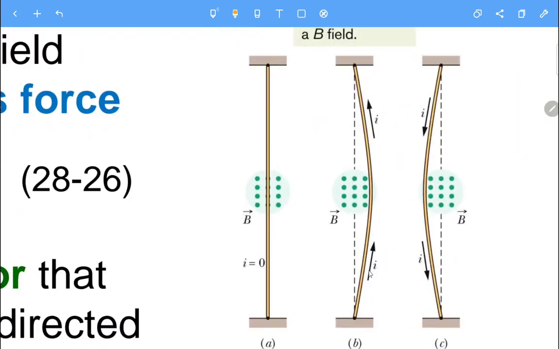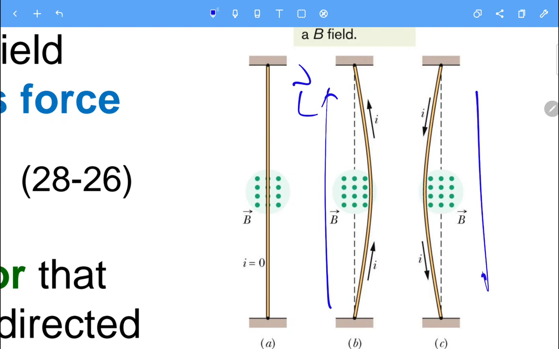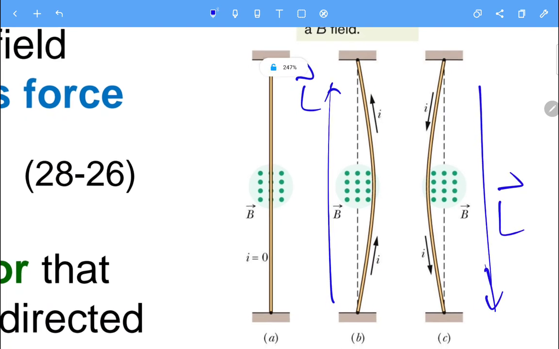So here the current is going from bottom to top, so we will consider L pointing upward. And for this one, I is pointing from top to bottom, so we will assume that L is in the same direction like this.